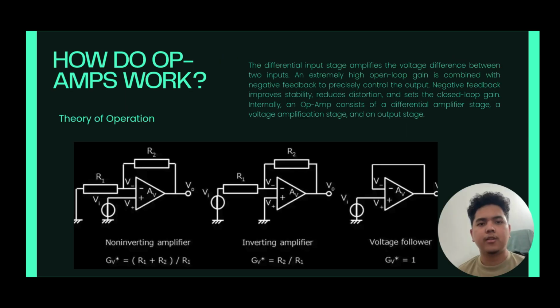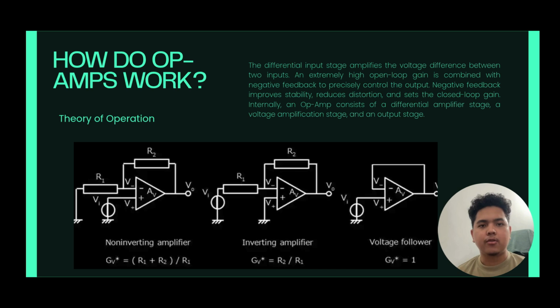So how exactly do operational amplifiers or op-amps work? At their core, they rely on a differential input stage that takes the voltage difference between two inputs and massively amplifies it. Internally, this happens across three main stages: the differential amplifier, a voltage amplification stage, and finally the output stage. But because the internal gain is too high, we use negative feedback to tame it.